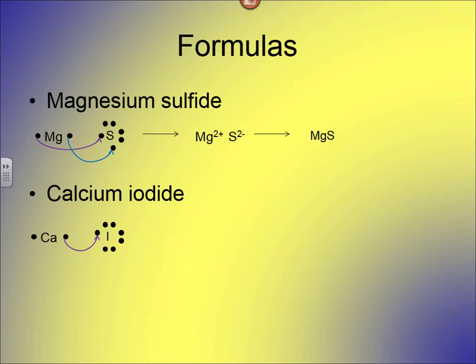So what do we need here? Think back to your rectangles. We need another iodine. And then calcium can lose its other electron. So then we have 1 calcium ion, 2 iodide ions. And what's the formula look like? CaI2.